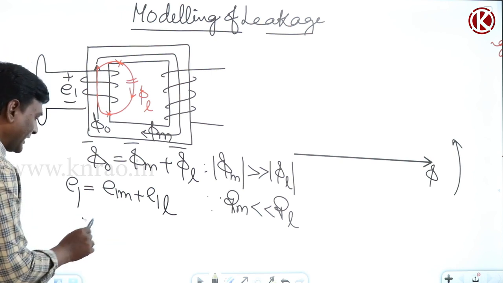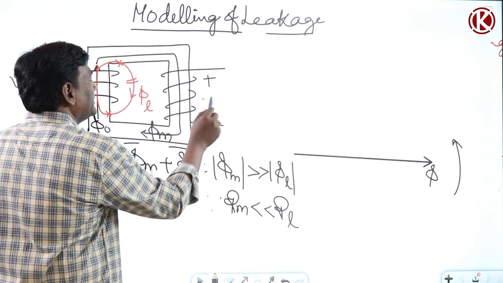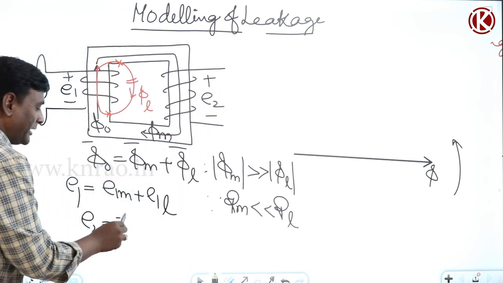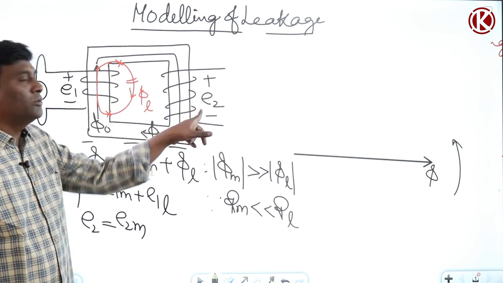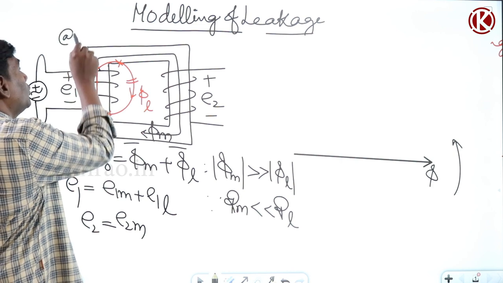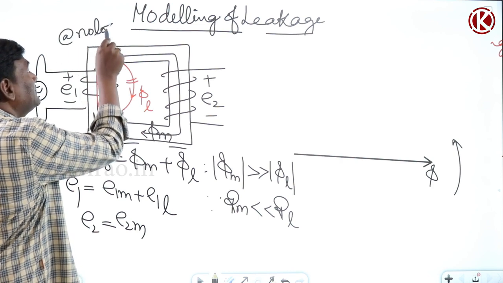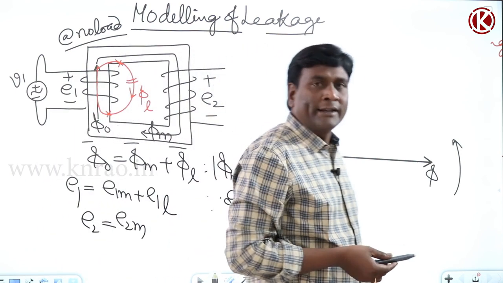Now if you think of the secondary induced voltage, E2 will be decided by E2M only, because leakage flux is not meant to link both the windings, and we are thinking of this at no load only. So let me analyze the situation at no load and let me extend the conclusions to loaded conditions.